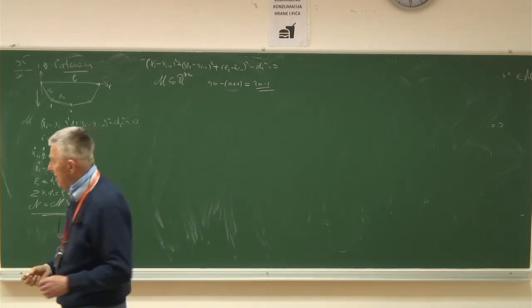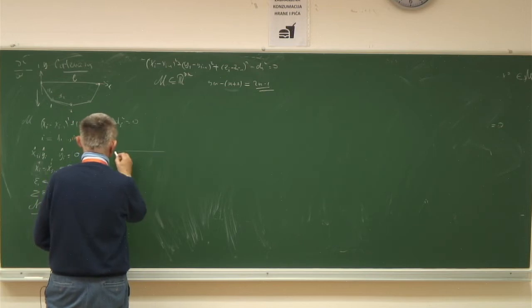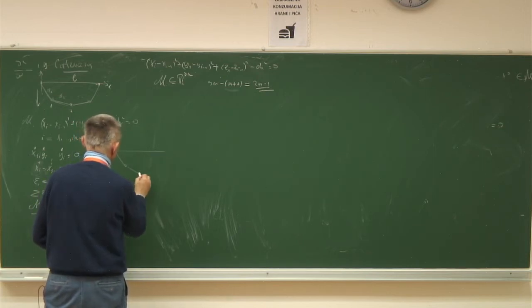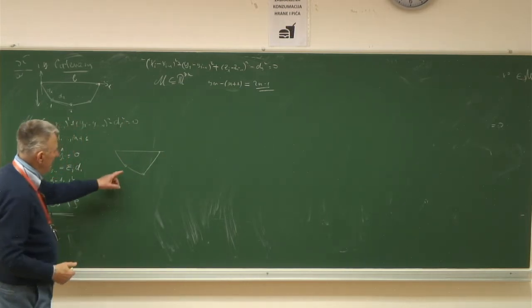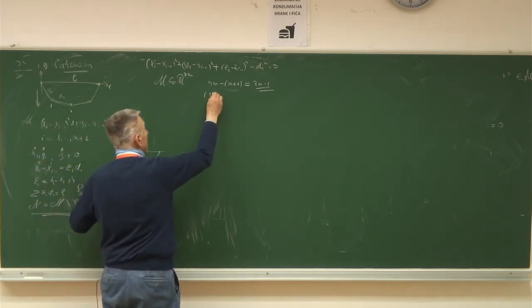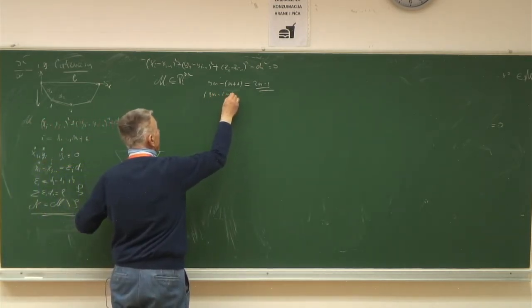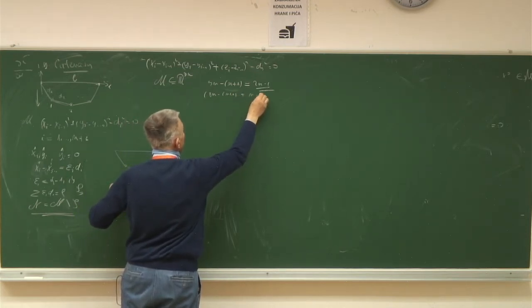So, for example, if you take something like that, in the plane you have 2n minus (n plus 1). Then you get n minus 1.